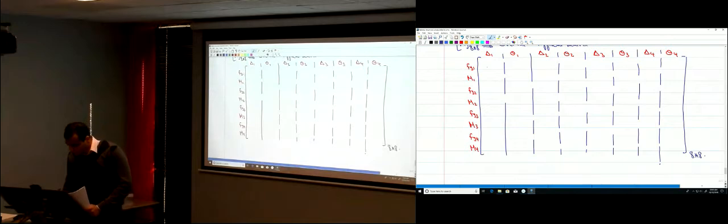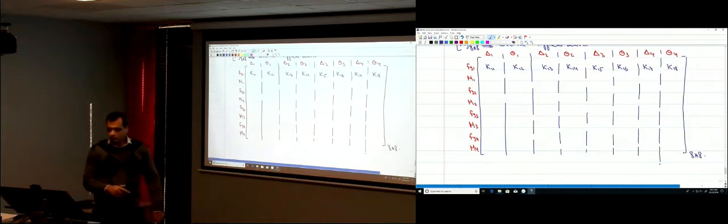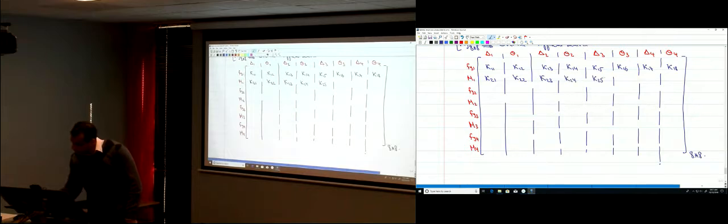So we're going to name those K11, K12, K13, K14, K15, K16, K17, K18, and then the second row, third row, so K21, K22, K23, K24, and so on.